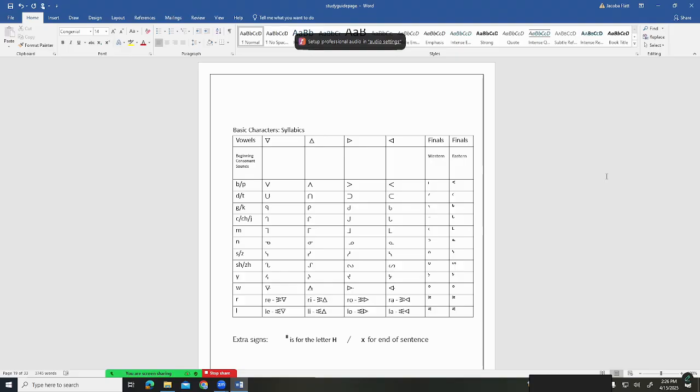So the M is in the middle of the word. And magwaham. The M, you could hear it at the end of the word, magwaham, which means squeeze or tighten.